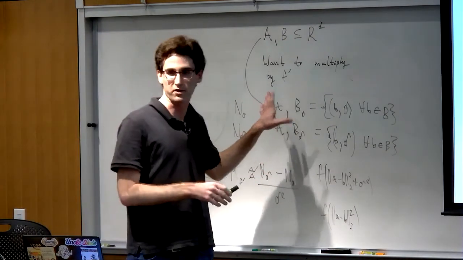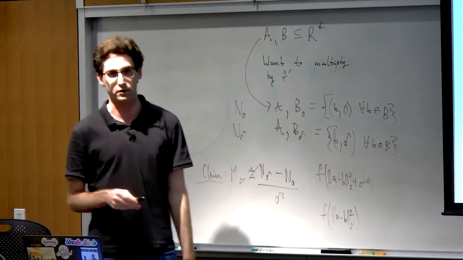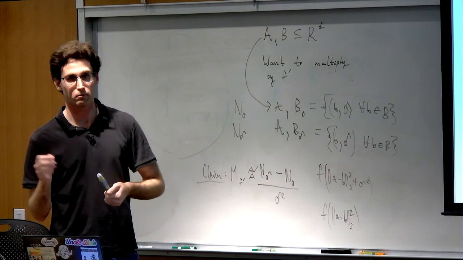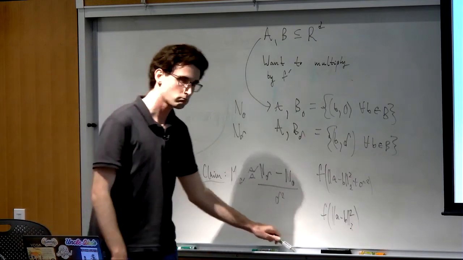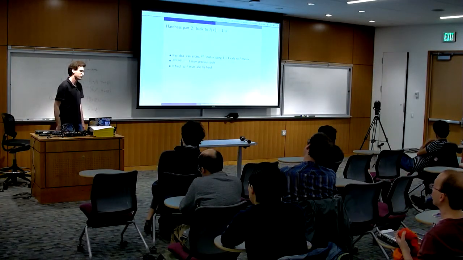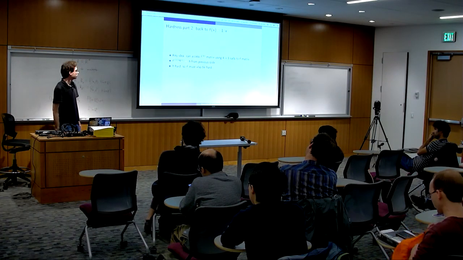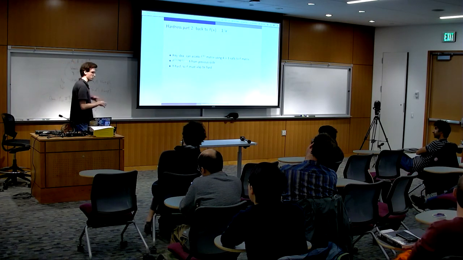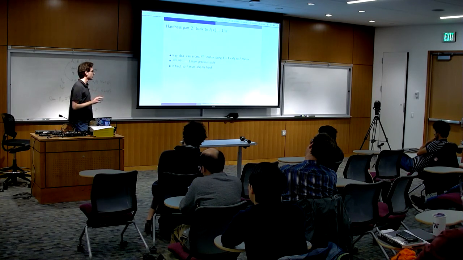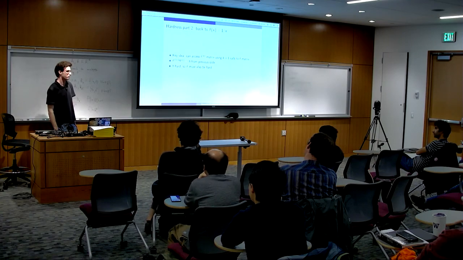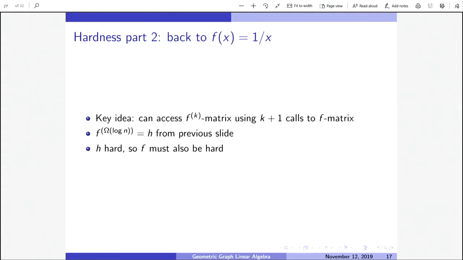Using a similar trick, you can get access to the kth derivative by doing k plus 1 of these matrix vector products. Therefore, if you had a subquadratic time algorithm for that, you would get a subquadratic time algorithm for the kth derivative. This shows hardness only for the exact case, but a generalization of this works for when you want log of 1 over epsilon dependence on the error. Are there any questions about the hardness proof?